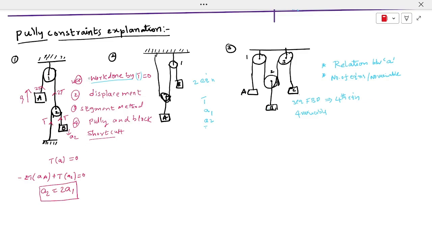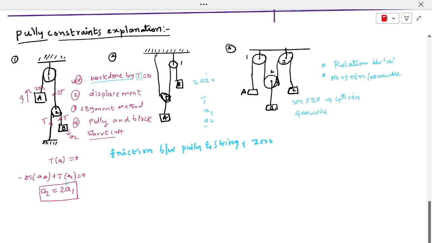So, for an easy one, see once. In our constraint equations, the first consideration in all the problems is that the friction between pulley and strings is 0.